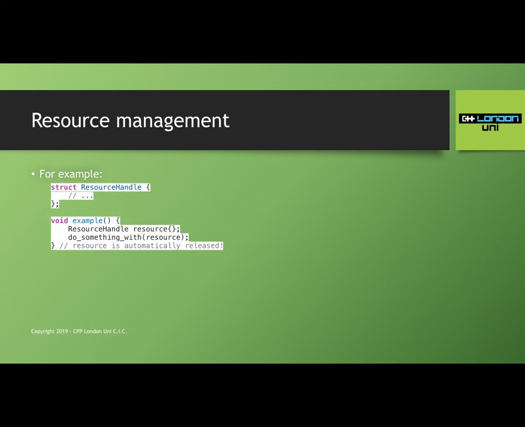And it's even better than that, because now, if the do something with function throws an exception, we still get cleanup. Destructors still get called for us. I know we haven't talked about exceptions in this class yet, but I know a lot of people will be familiar with them, and they work pretty much the same way in C++ as they do in most other languages.